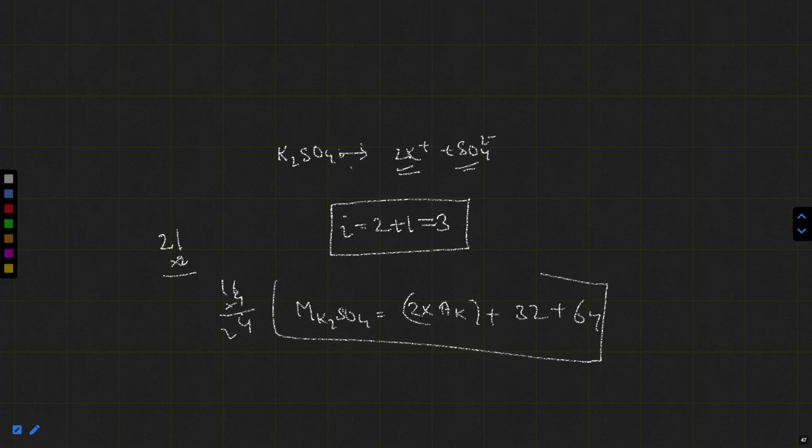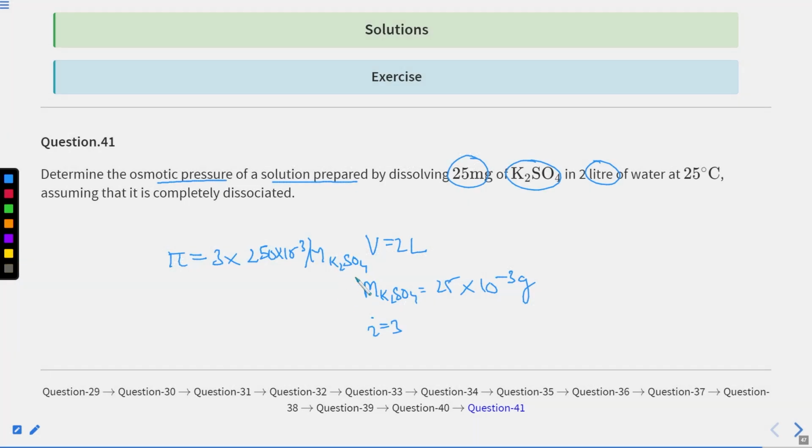We'll calculate the molar mass of K2SO4 from here, and you will put it here.